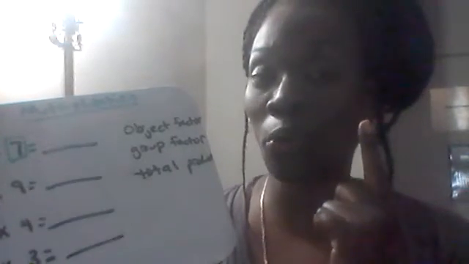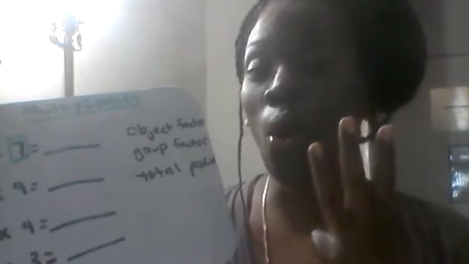Okay, step 1, put a square around your group factor. Step 2, put a circle around your object factor. Step 3, draw out the number of empty squares indicated by your group factor. Here it's 7, so you would draw out 7 squares. Then go back in and fill in each box with the number in your object factor.